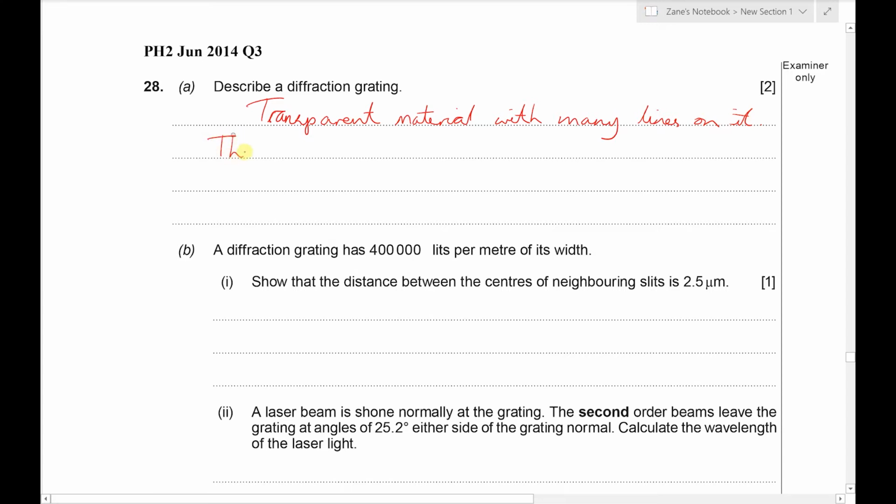And those lines are very close together. They're parallel. And they're evenly spaced, and they're also very, very fine. Very narrow. We're talking literally hundreds of thousands of lines per meter on a diffraction grating.